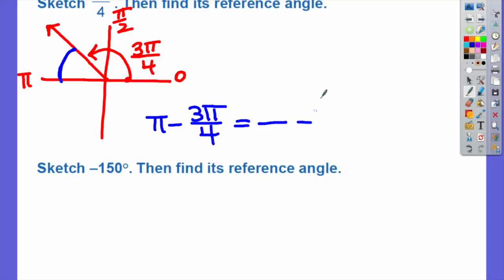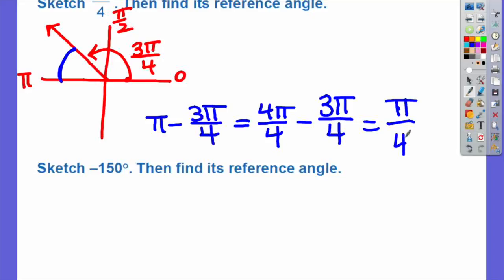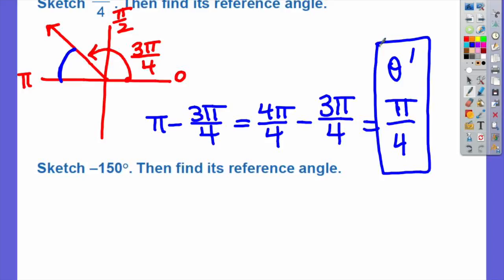Pi can be written as what over 4? 4 pi over 4. What's 4 pi over 4 minus 3 pi over 4? Pi over 4. And there's your reference angle, pi over 4, the distance it is away from the x-axis. So you would always write it with the pi.